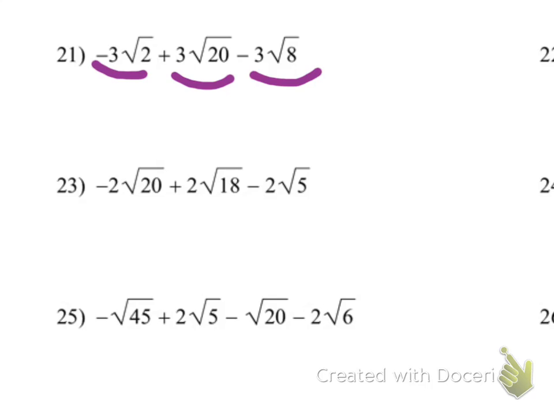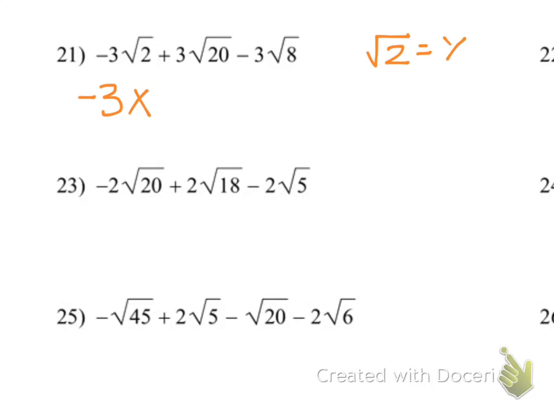And as we talked about in class, you can't combine radicals that are not exactly the same, just like you can't combine variables that are not the same. For example, if this had been a negative 3x, let's say that root 2 is equal to x.